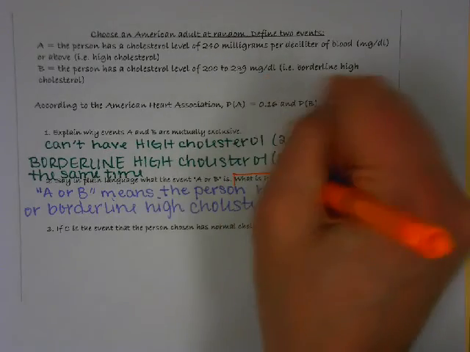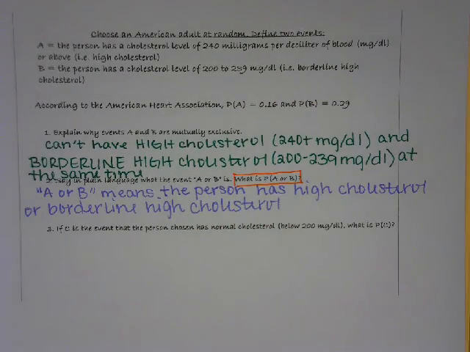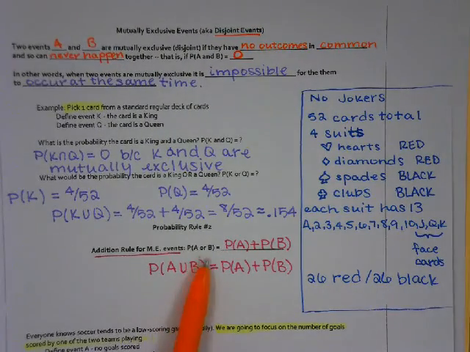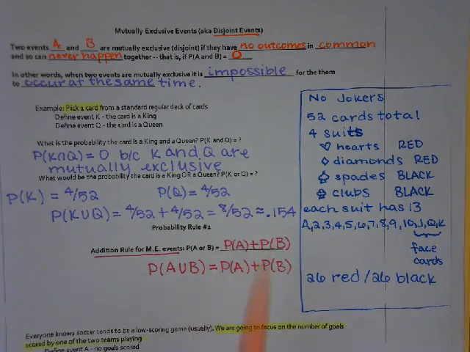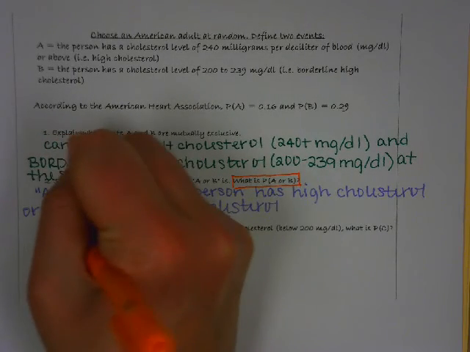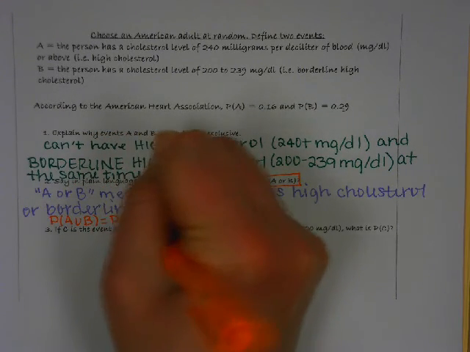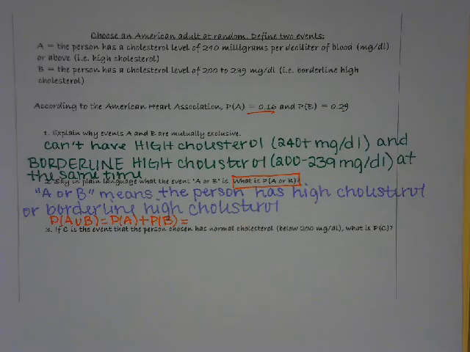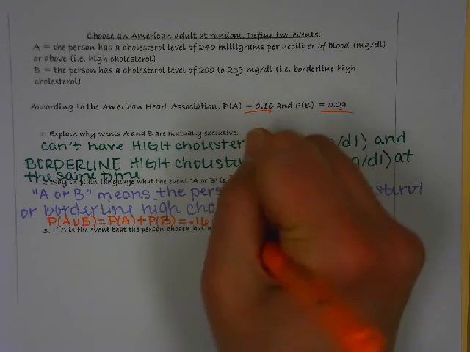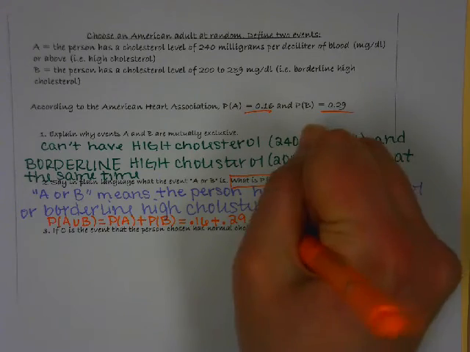It does ask us to find the probability of A or B. And we know that when they're mutually exclusive, the probability of A or B is the probability of A plus the probability of B. So the probability of A or B is the probability of A plus the probability of B, which the American Heart Association tells us A is 0.16 and B is 0.29, and that'd be 0.45.